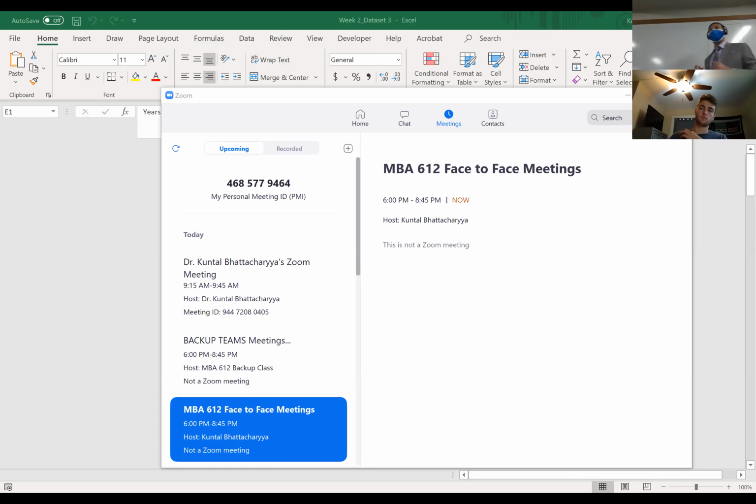So let's start off with a very simple data set. Under your Blackboard, and Nick, this applies to you as well, in your Blackboard, on the left tab, you'll see a specific tab called Datasets for this class. And within that, you'll see a folder that says Week 2 Datasets. And there are 3 datasets there, Dataset 1, 2, and 3. Open up Dataset 1.